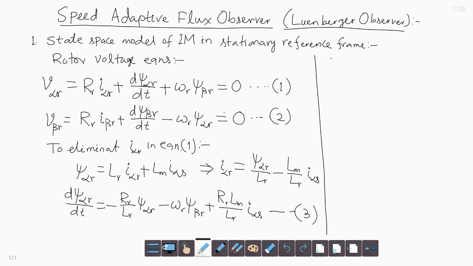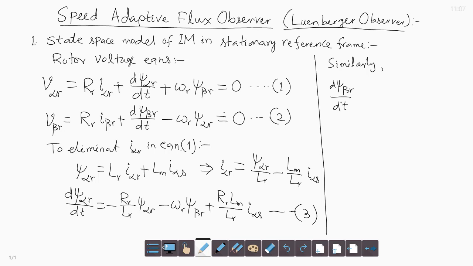Similarly, from equation 2 and eliminating I beta R, we get the equation d psi beta R by dt. It will be similar to equation 3, except that the speed EMF term will be of opposite sign. Omega R is the rotor speed in electrical radian per second and psi beta R is the flux. The rotational EMF will be of opposite sign for this axis.